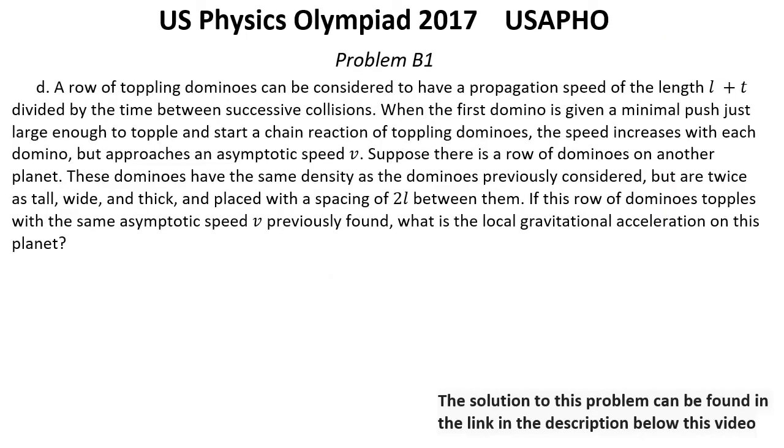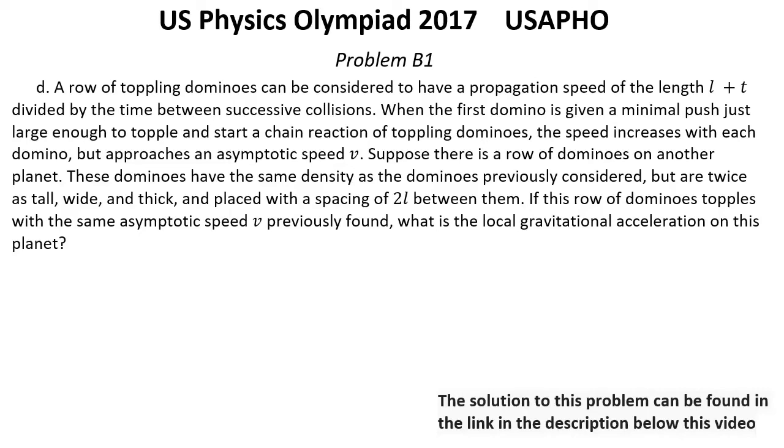Question D. A row of toppling dominoes can be considered to have a propagation speed of the length L plus t divided by the time between successive collisions. When the first domino is given a minimal push, just large enough to start a chain reaction of toppling dominoes, the speed increases with each domino, but approaches an asymptotic speed v.